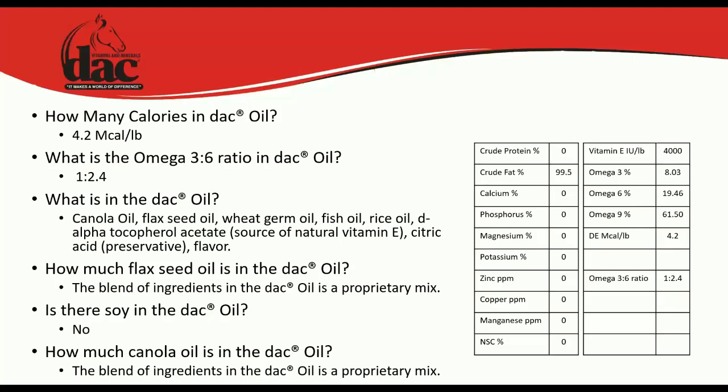But if you look at the ingredients list, AAFCO and the FDA require a correct label. I can guarantee you that the DAC labels are correct. They require you to list the ingredients in order of inclusion.